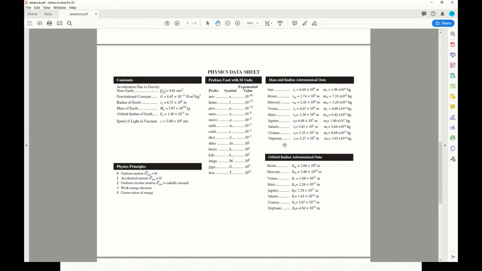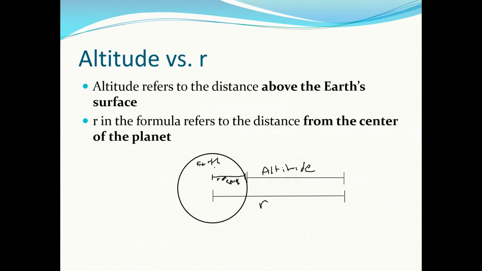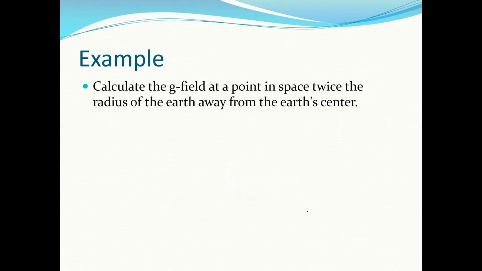This is all the other planets. Earth is over here, so the radius of Earth is 6.37 times 10 to the 6 meters. So if I add 6.37 times 10 to the 6 onto my altitude, then I'll get radius. And if I have my radius and I want to find altitude, I would subtract that 6.37 times 10 to the 6. So let's do an example.